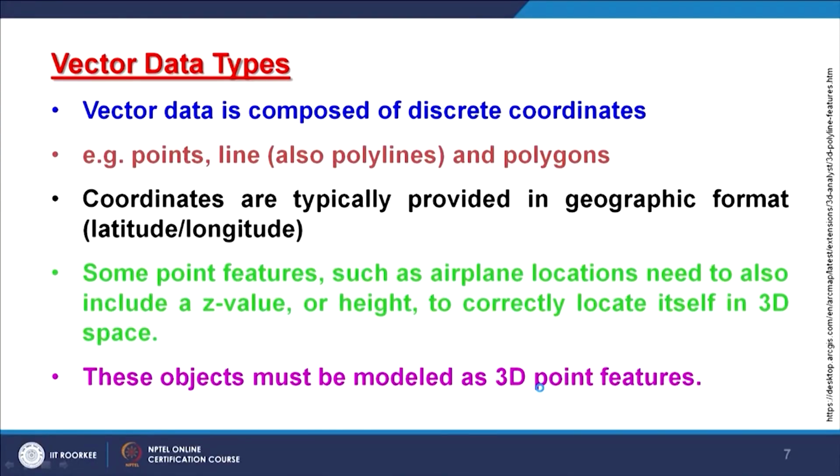So these objects must be modeled as 3D point features. If we want to have the z value all the time, it has to be stored as non-spatial information in the attribute table, whether it is the height of a plane or even the depth of a well or any other information which requires a third dimension, it can be stored in that manner.